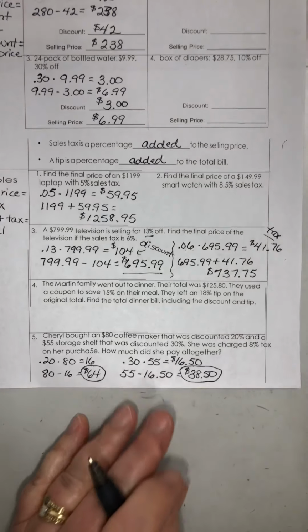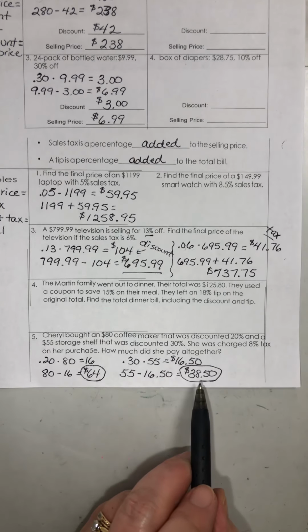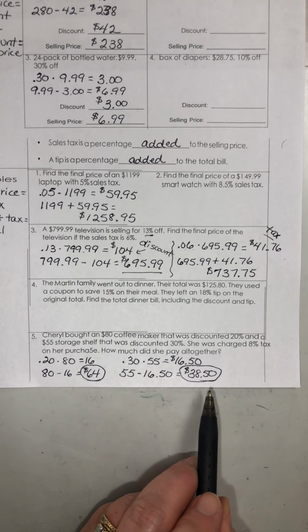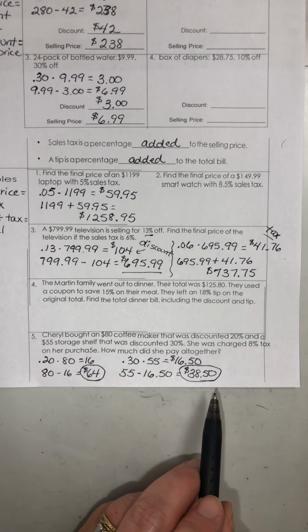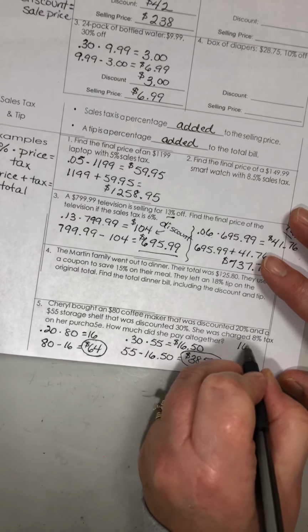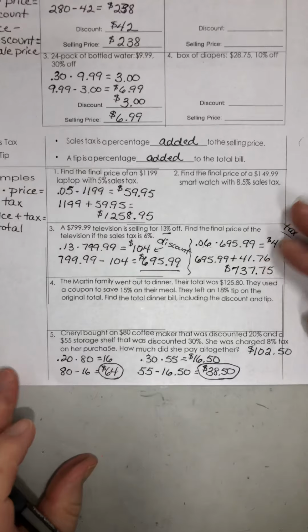Okay. So she bought the storage shelf for $38.50 plus she bought the coffee maker for $64, let's add those together and we get $102.50 is how much she's spending for both of those.